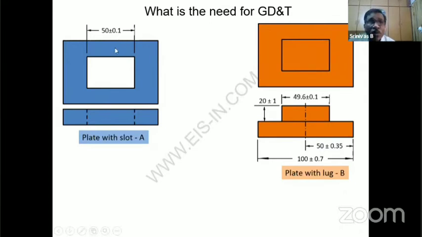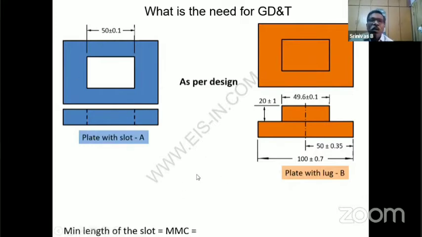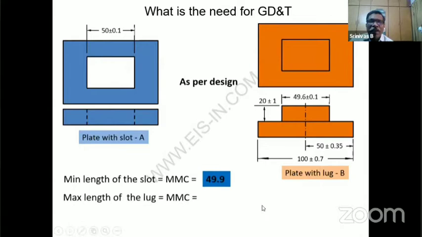I hope you understood, because it's the internal feature. And what is MMC of this pin, this lug? It is 49.7. Do you agree? If this lug is 49.7, more material is there in the lug. If the slot is less, that is 49.9, there is more material in the plate. Am I right, sir? That's how MMCs are being given. Is it assemblable?